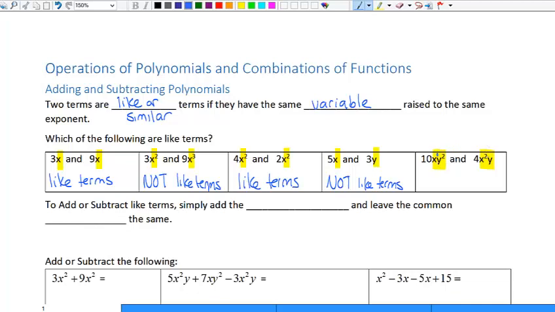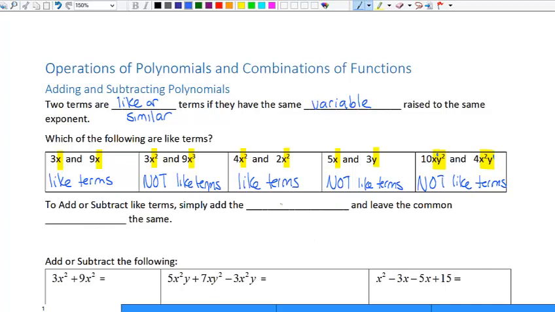Because the x has different exponents, these can't be like terms. Also, take a look at the y. Y is being squared on the first one, but y is being raised to the invisible 1 on the second one. This is not the same, so these are not like terms. Just be a little bit careful to notice that the square is not on the same variable, so they are not like terms.